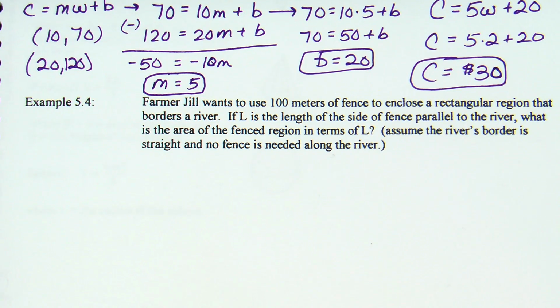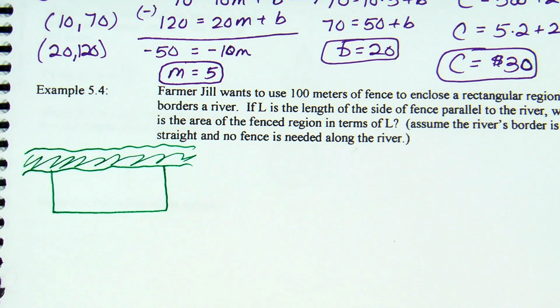Okay? Now, I like to draw a picture on this one to get us started. We have a rectangular region, right? And it borders a river. I know the river's straight, but if I make it straight, you can't tell it's a river, can you? So there's my river on the top part. Maybe you can't even tell that's a river, but just pretend.